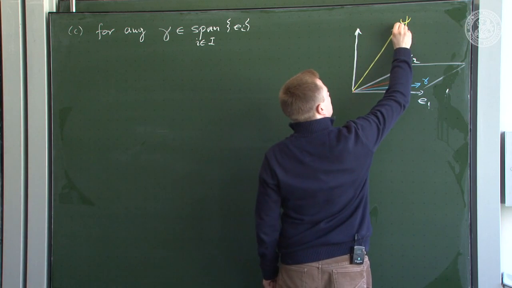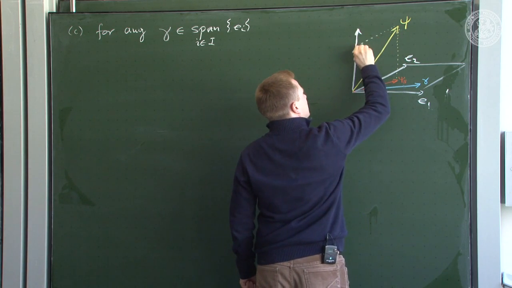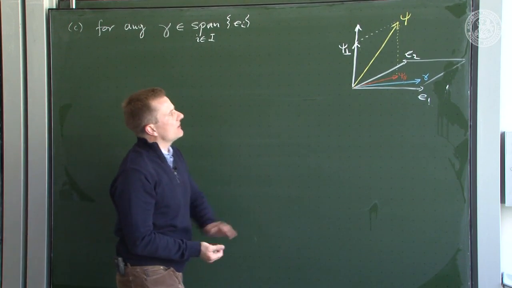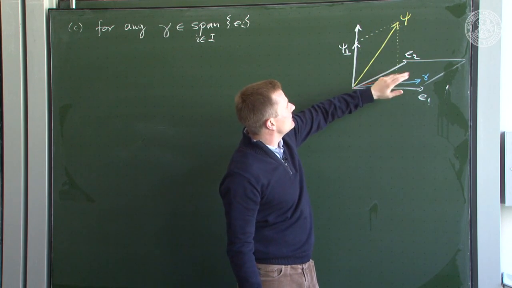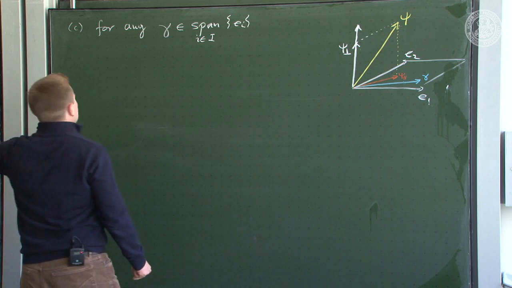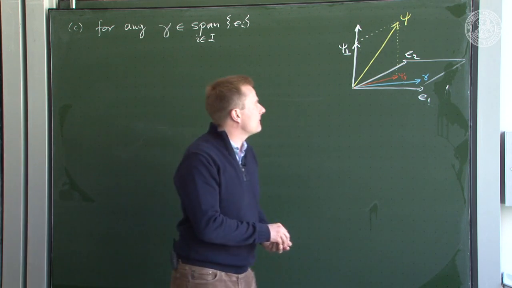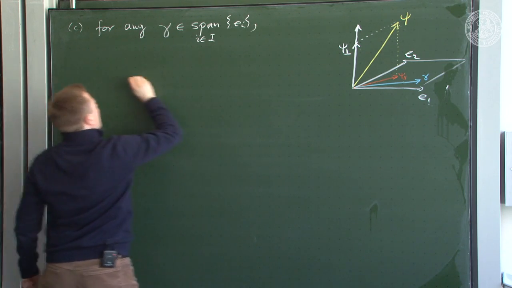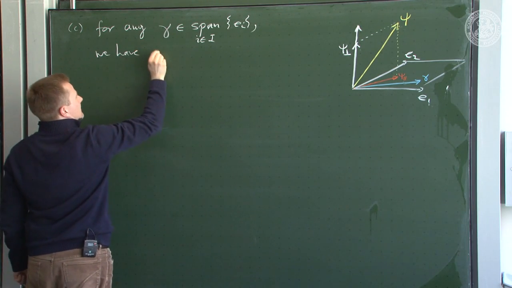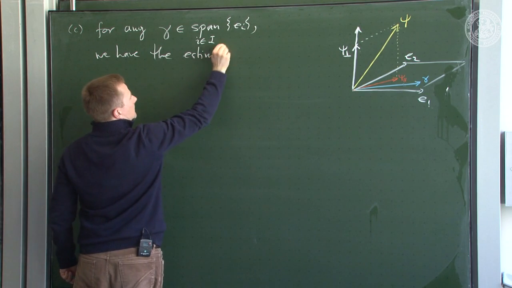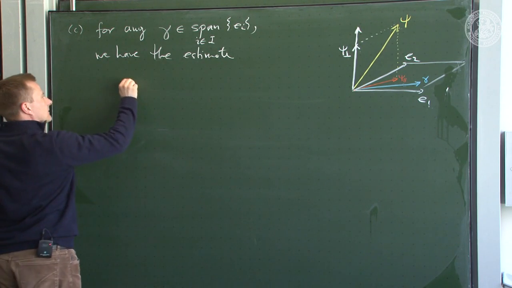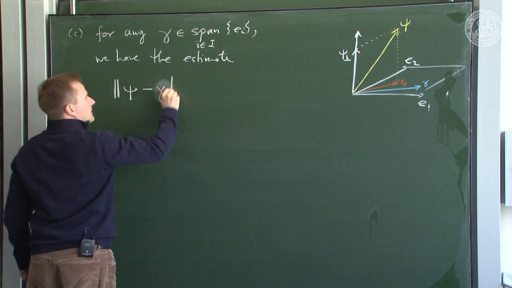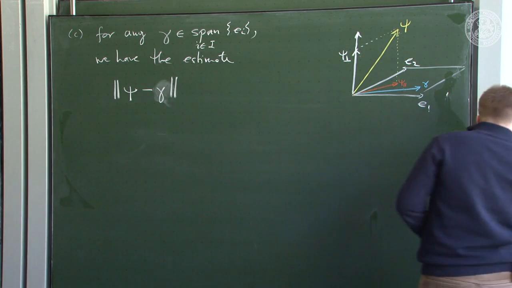And if you want to complete the picture, although we don't really need this at this point, then this guy here would be psi orthogonal. Okay? So that's the situation. You have the psi, you have the projection into this span, that's the psi parallel defined here, and you have an arbitrary gamma. Now, the claim is for any gamma in the span, we have the estimate that psi minus gamma, so that's in a sense the distance of the psi from the gamma.